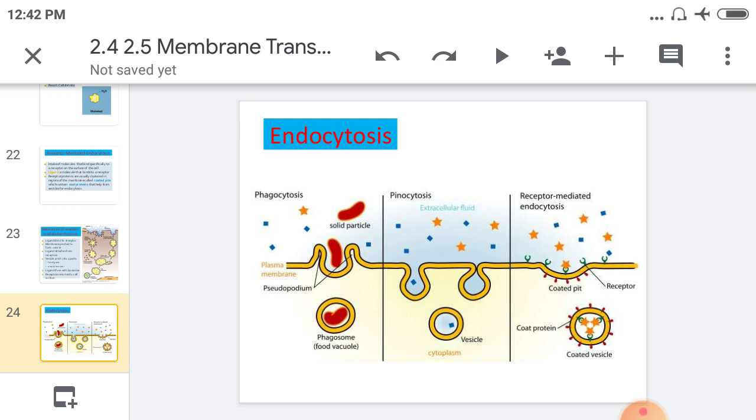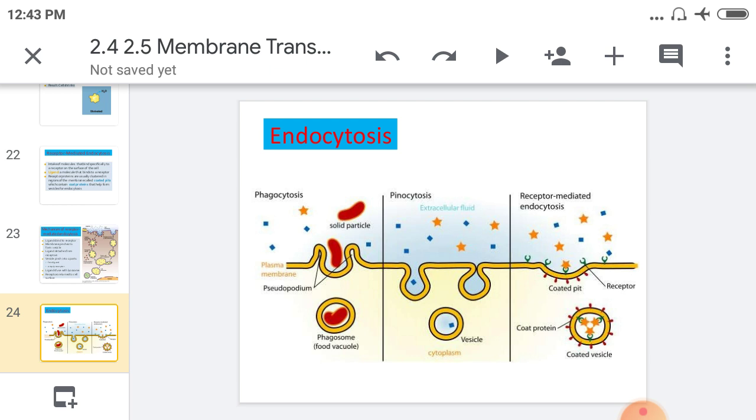Then this vesicle along with the solid food particle comes in contact with the lysosome and digestion starts. After digestion, the digested food material is absorbed in the cell cytoplasm, and the remaining undigested material is thrown out through the residual body.